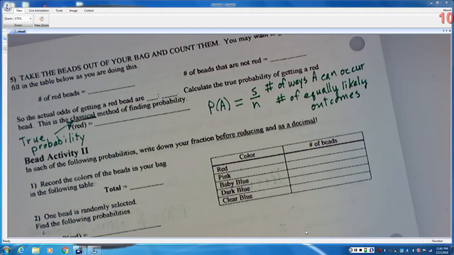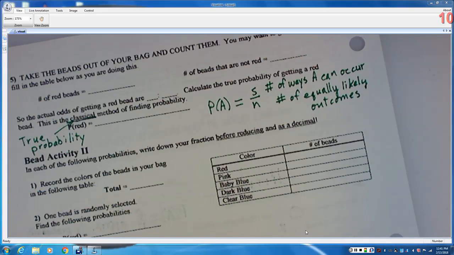So this group's got 1/3 for the true probability, and which one was close, Mary? The third one was closest. Over here, what'd you get? The true probability is number 4, is this. You got 0.29.